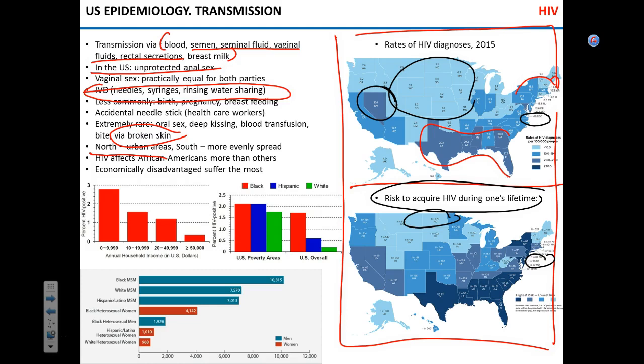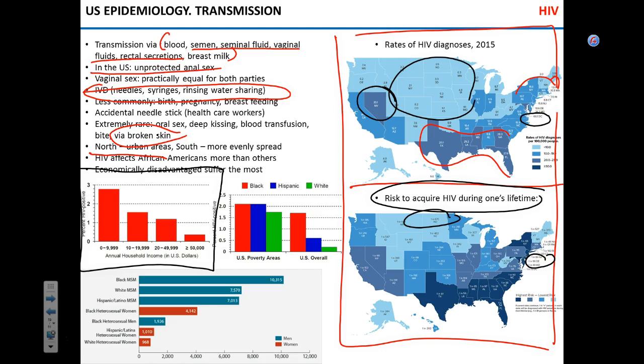Now, if you look at the socioeconomic distribution, I picked some of the graphs. The graph on the left shows you the distribution of HIV positive people in households with different incomes. And you can clearly see that the lower the income, the higher the HIV rate.